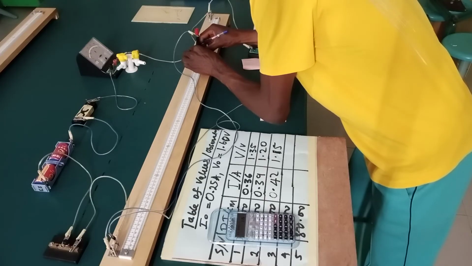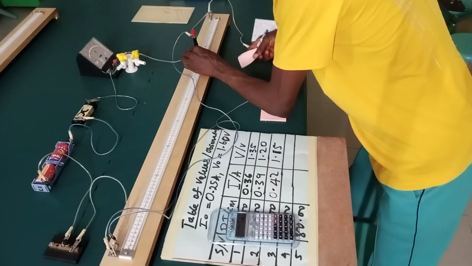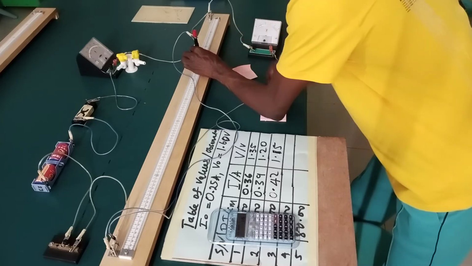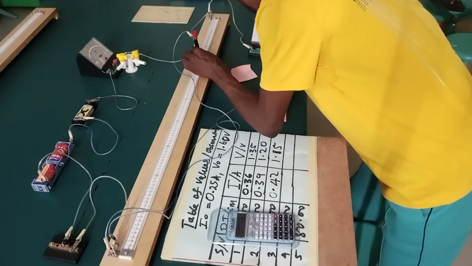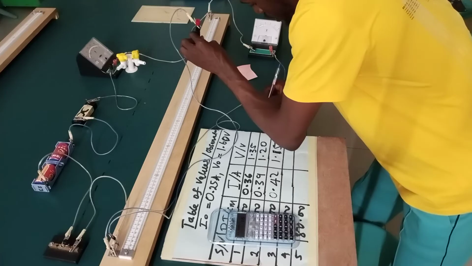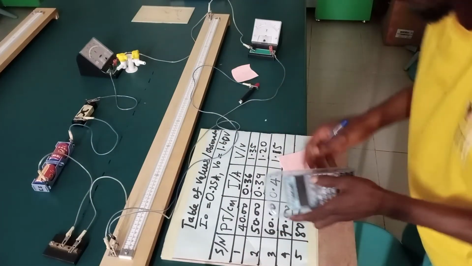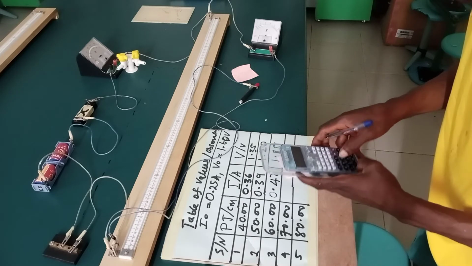So at 70, I have 7.5. Here I have 10.5. So 7.5 times 0.06.